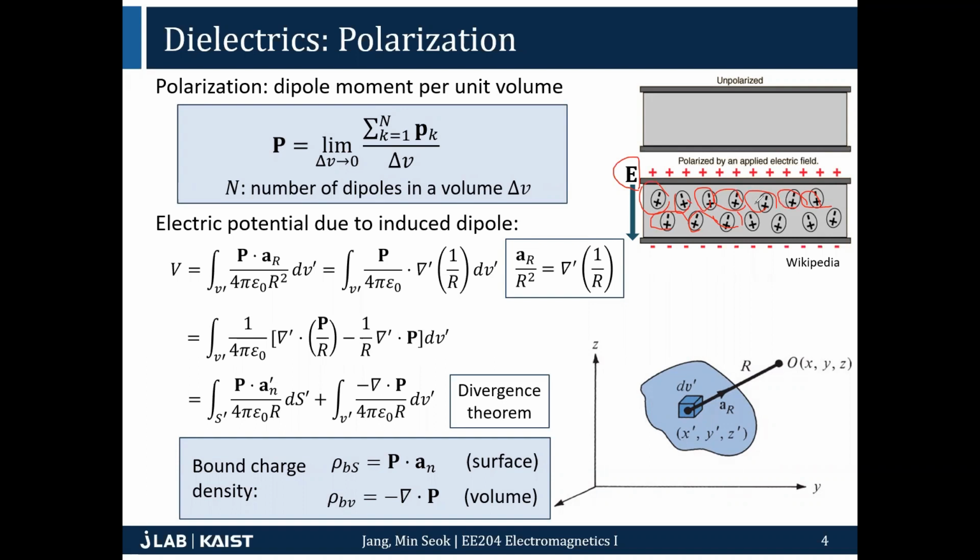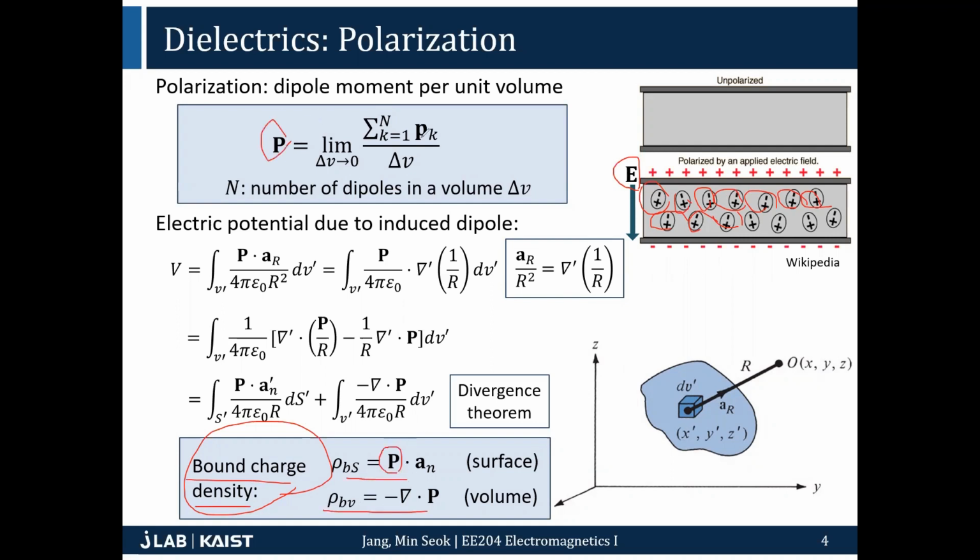In order to describe that effect, we introduce the concept of bound charge density. Instead of dealing with every dipole moment, we just make it into a bound charge density, which can be easily calculated from the P field.